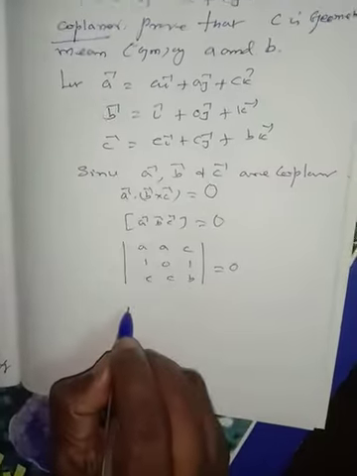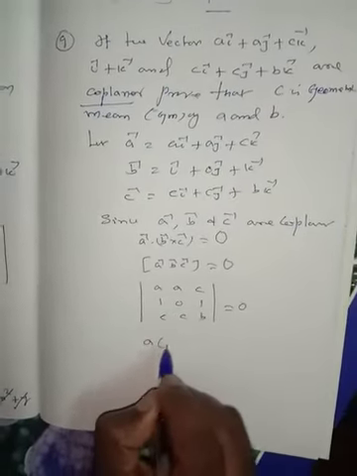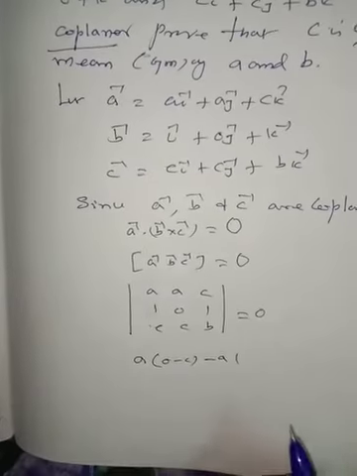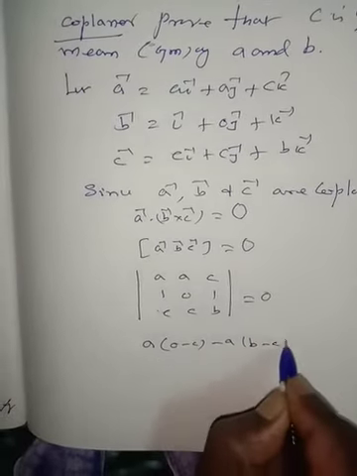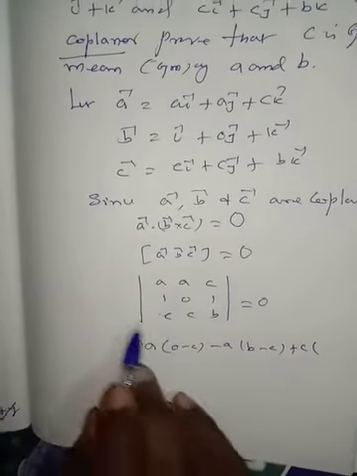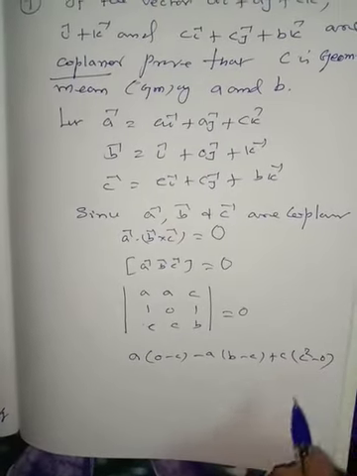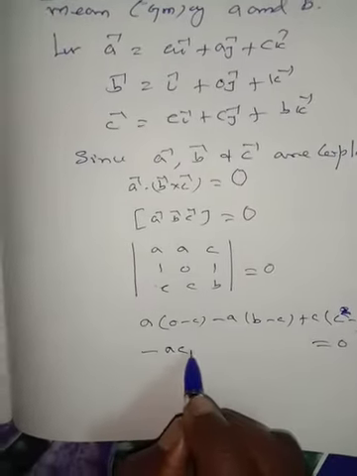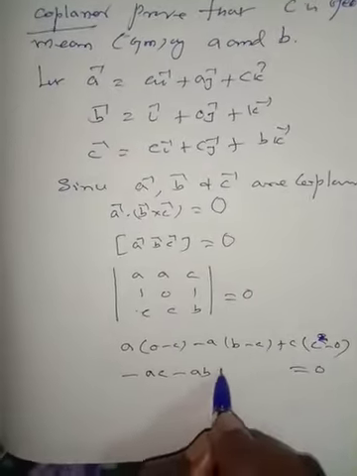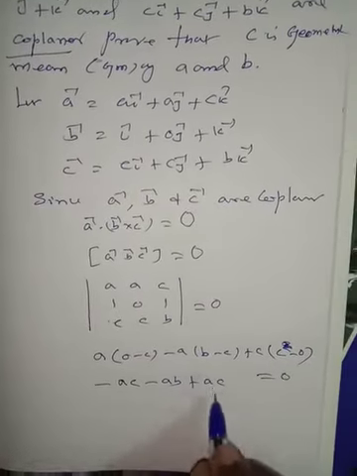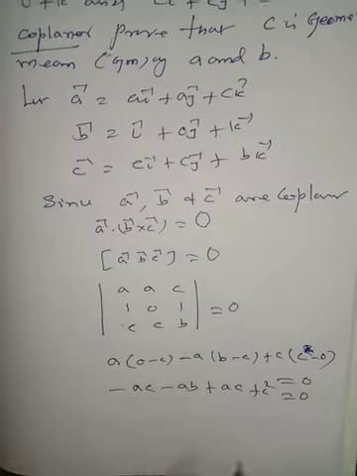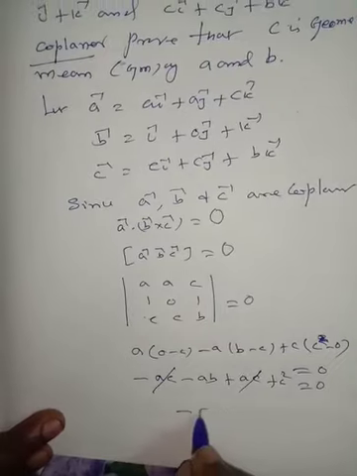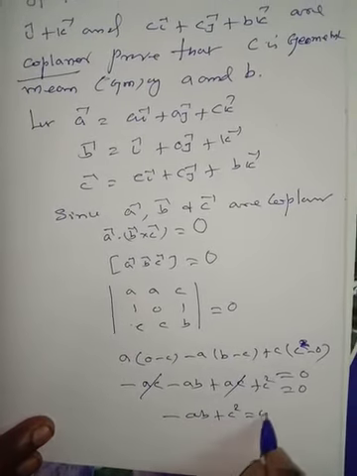Expanding this: a into (0 minus c), minus a into (b minus c), plus c into (c square minus 0) is equal to 0. Minus ab plus ac plus c square is equal to 0. Minus ac plus ac is 0. Minus ab plus c square is equal to 0.